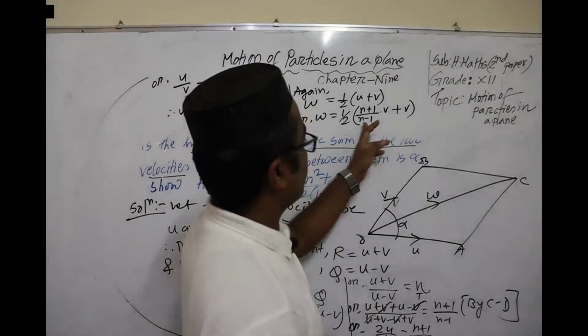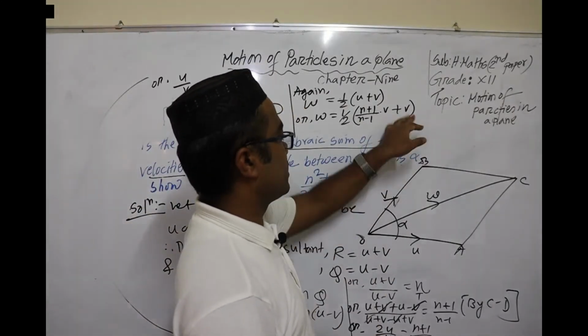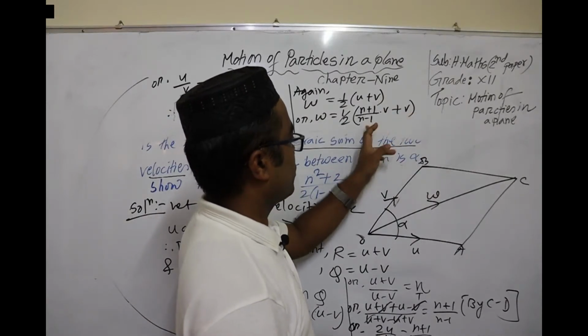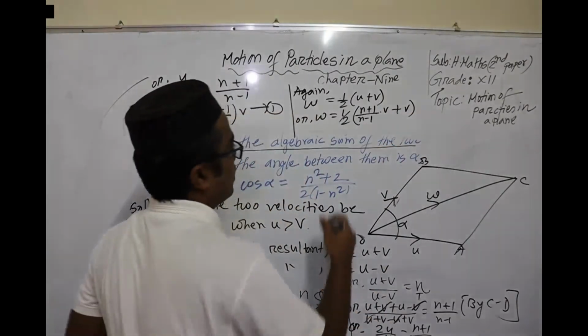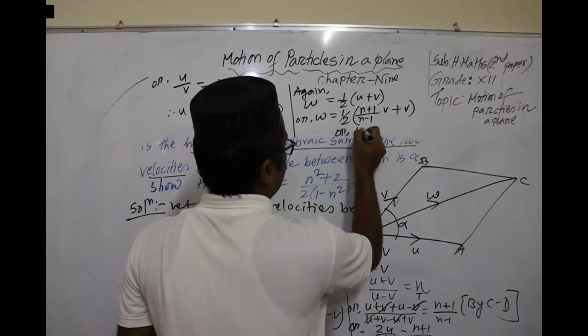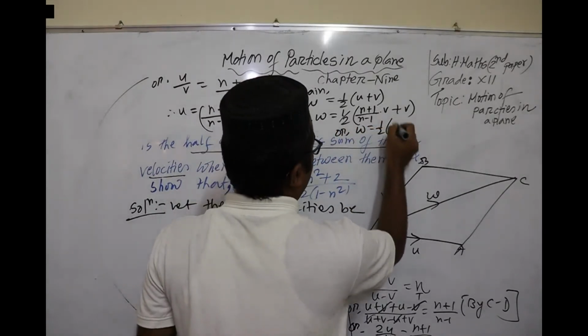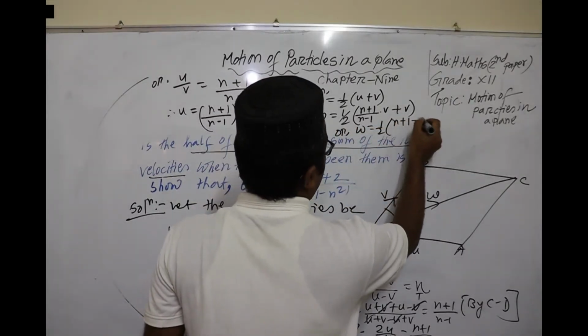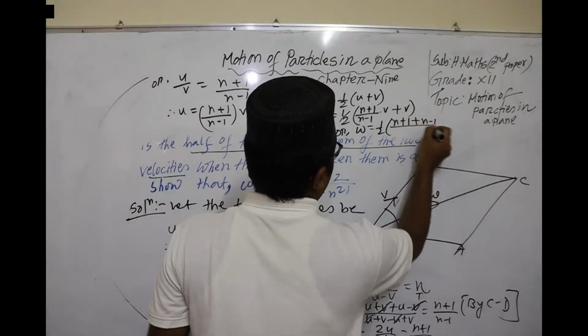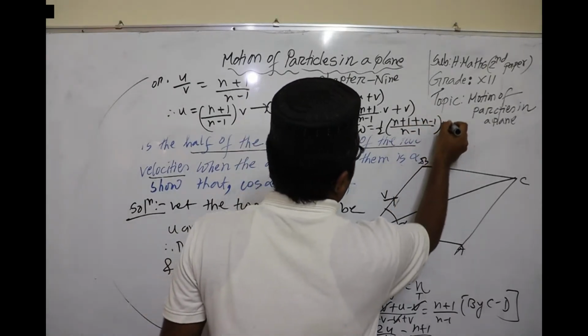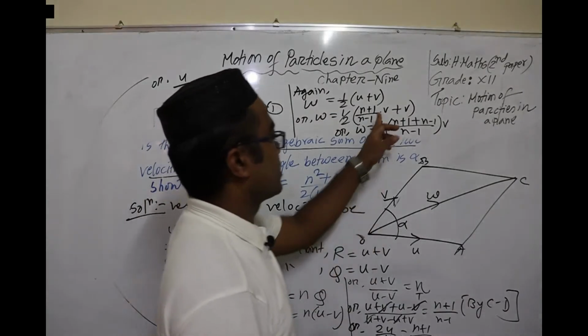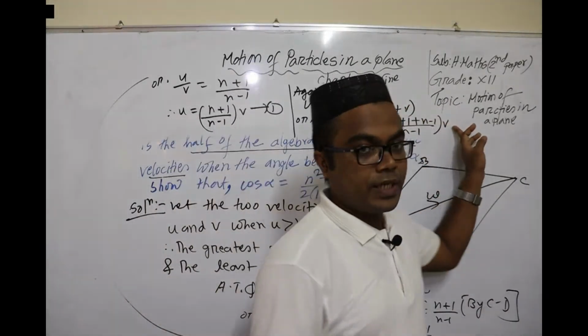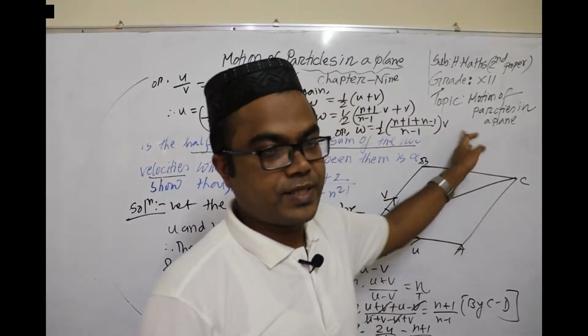Taking LCM, n minus 1, you will get w equal to half of (n plus 1 plus n minus 1) divided by (n minus 1) into v, because taking v as a common.